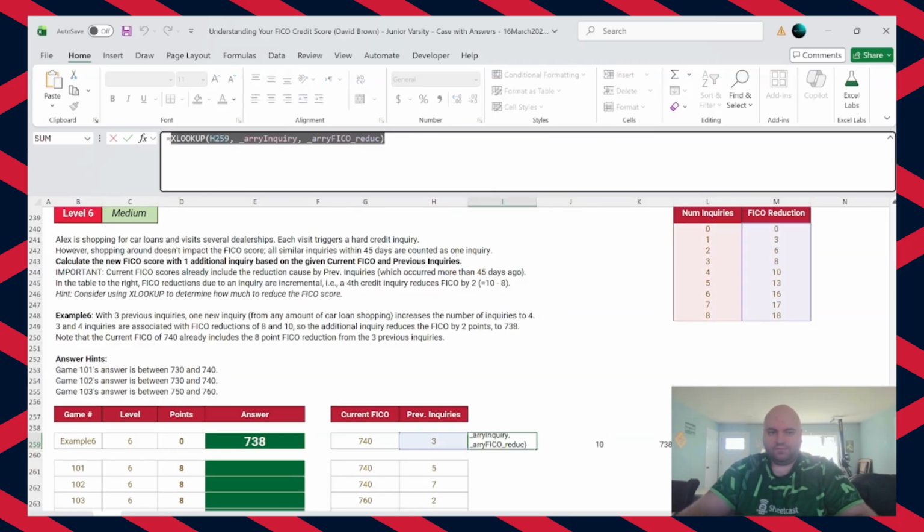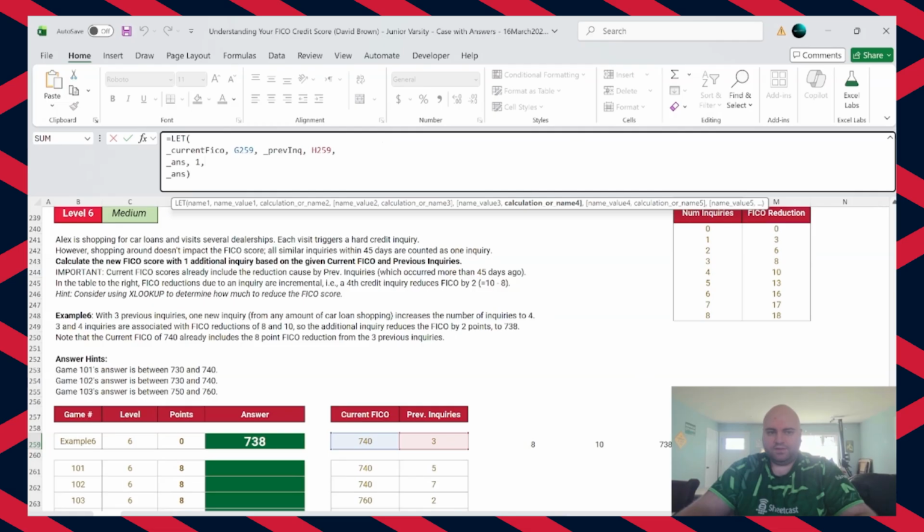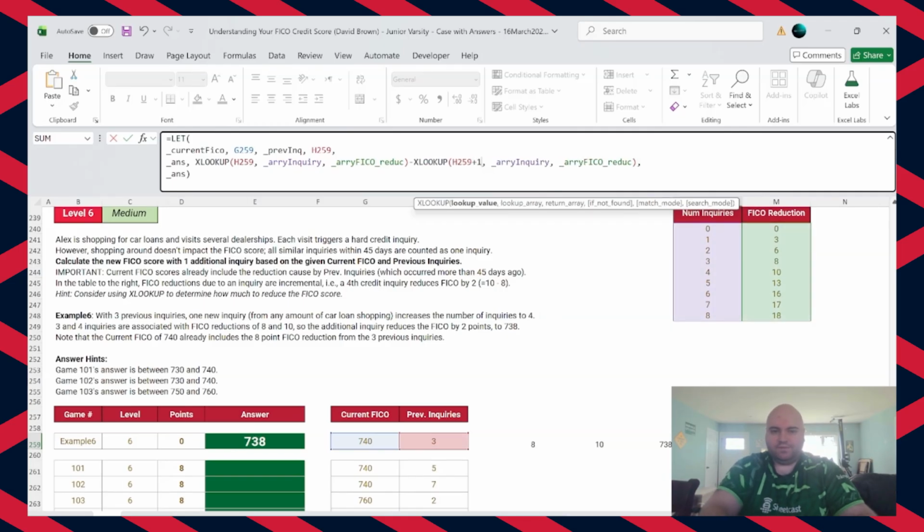Here's our XLOOKUP. So our answer is going to be the first one. Well, just to make everything cleaner for the video, we'll just do it like this. So this minus this plus 1, and then we're adding back in our current FICO.